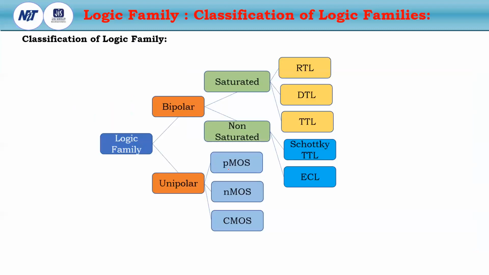And for non-saturated, that is the Schottky TTL and the ECL. ECL means emitter coupled logic. The unipolar type of logic family is classified as PMOS, NMOS, and the CMOS. All the digital ICs are in these classified groups.